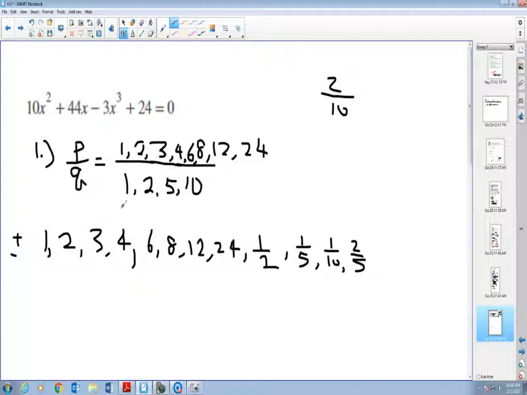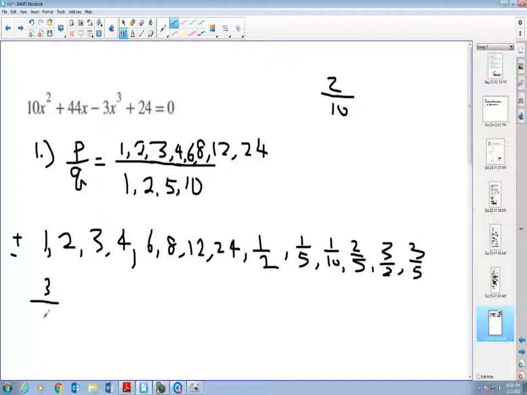I already got it. 3 over 1. 3 over 2 is 3 over 2. 3 over 5 is 3 over 5. 3 over 10 is 3 over 10.